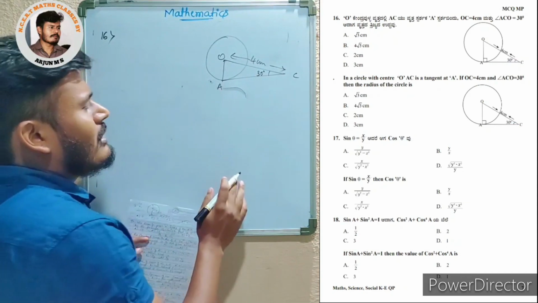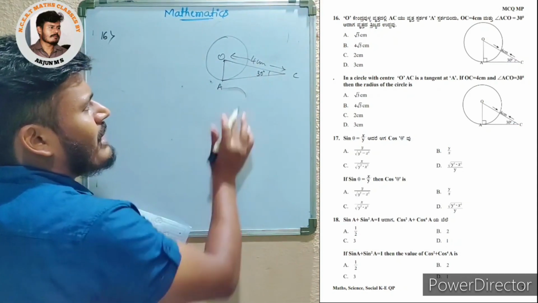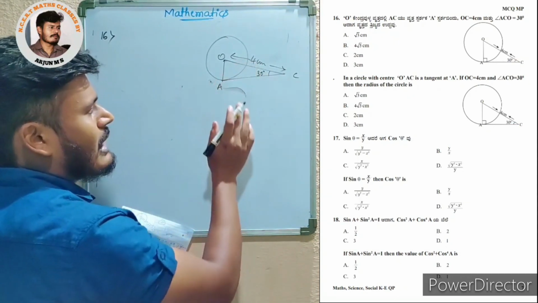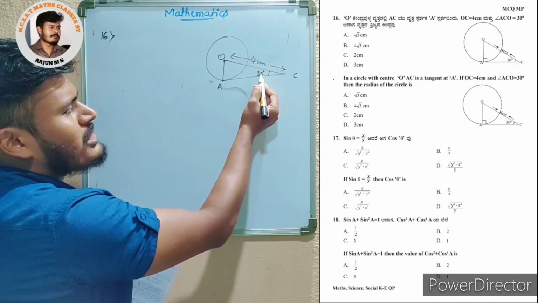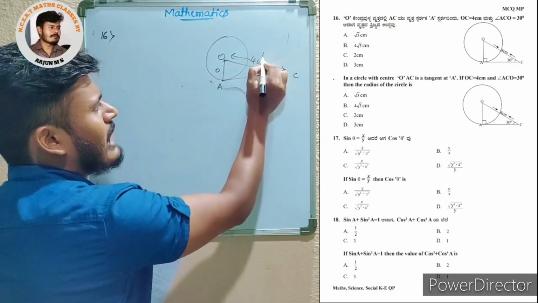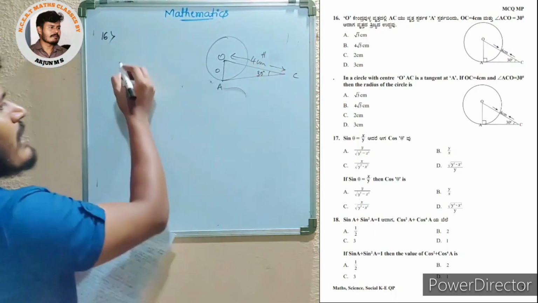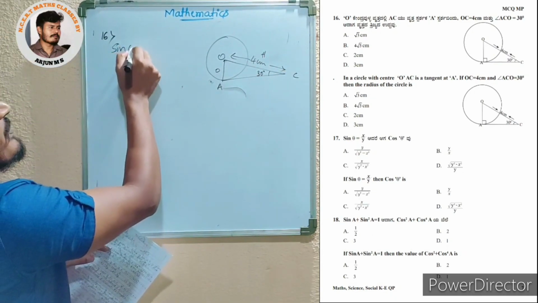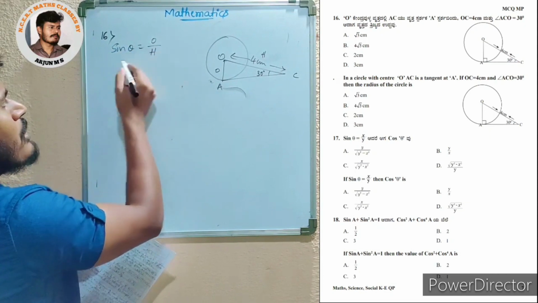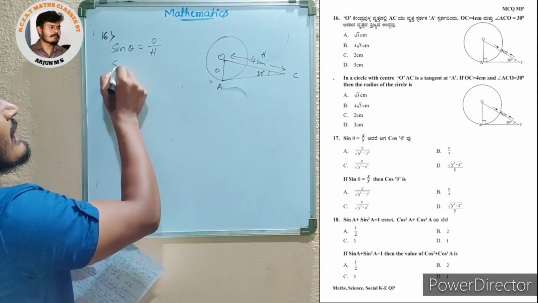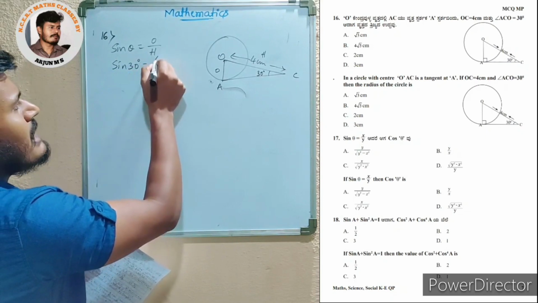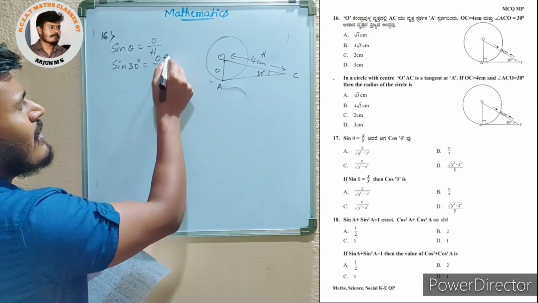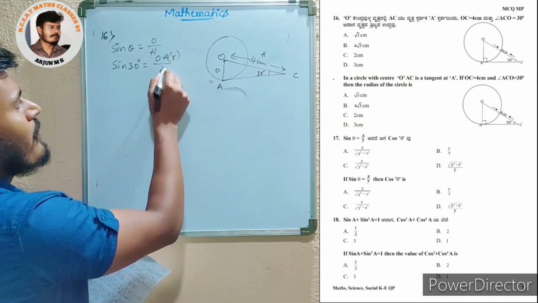We have to find the radius of the circle. By observing this, they have given theta and one side, the hypotenuse, so we can easily find OA. The side opposite to theta is the opposite side, and this is the hypotenuse. That's why sin theta is equal to opposite divided by hypotenuse. Here, in place of theta they have given sin 30 degree, which is equal to opposite, OA, that is the radius of the circle, divided by 4.